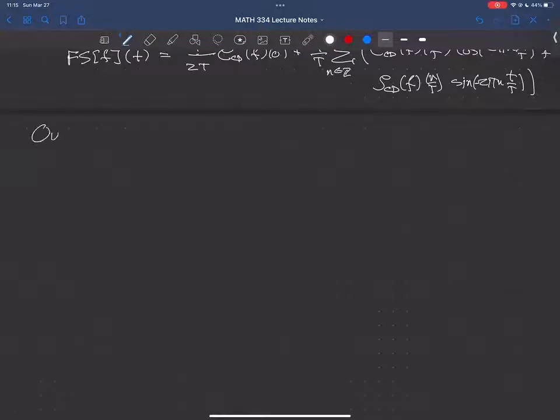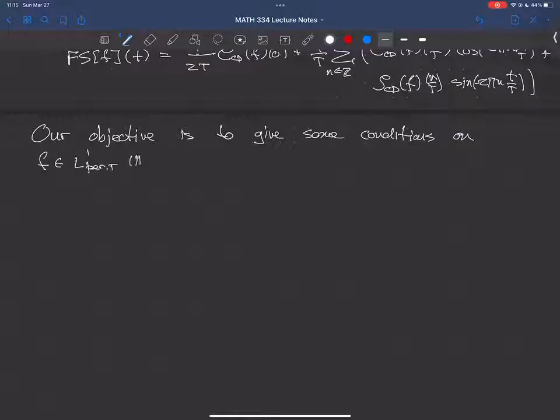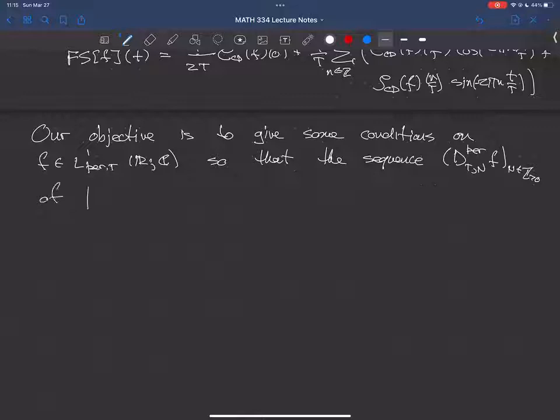So our objective now is to give some conditions on f so that the sequence of partial sums, using the notation that I just introduced for partial sums, has some convergence properties.